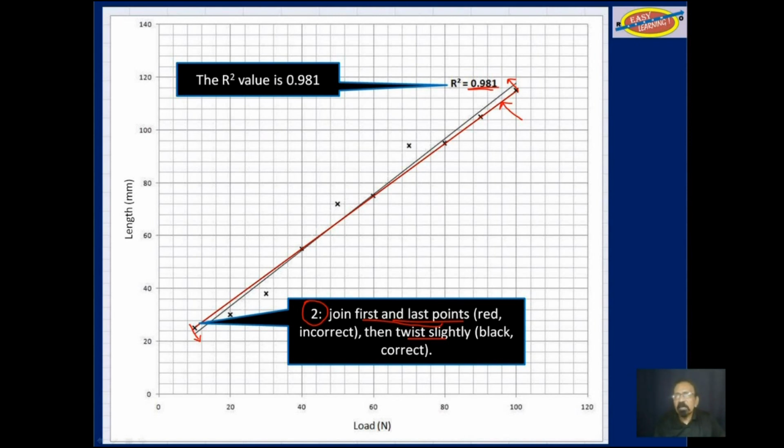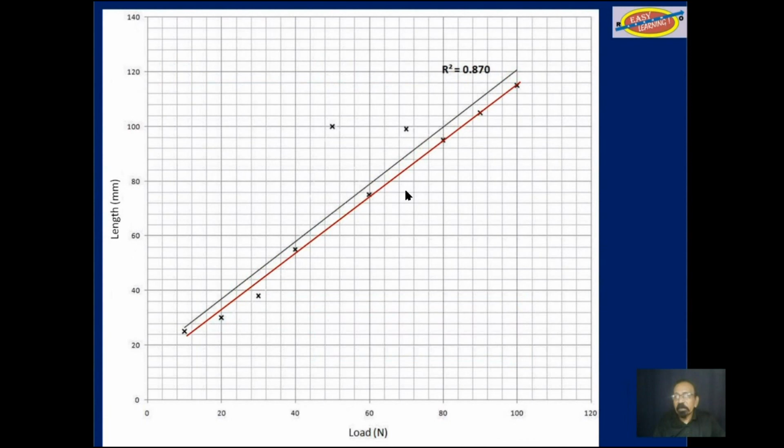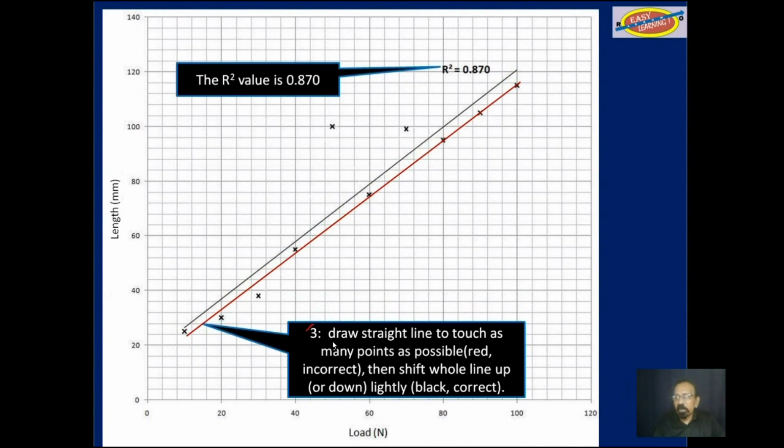Now, remember I said that while you may get the points on both sides being the same, your R squared value may not be the best, but this is the best you can do physically without a computer. And in the third example, the third thing you could try, is you draw a straight line to touch as many points as possible, as in the case of this red line here.